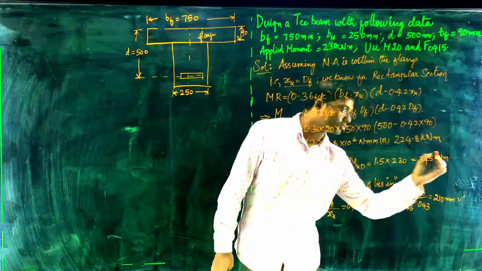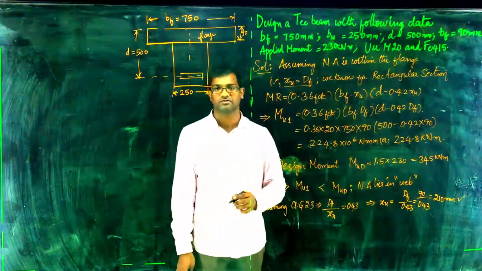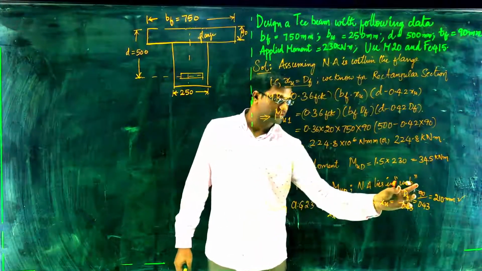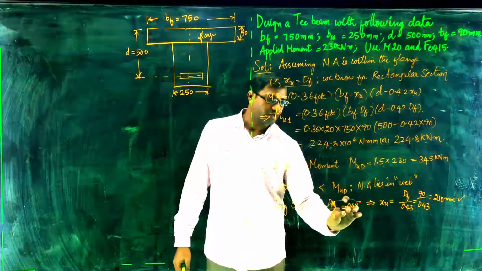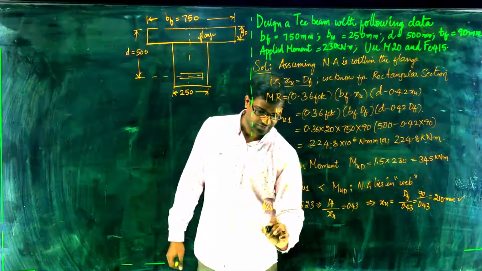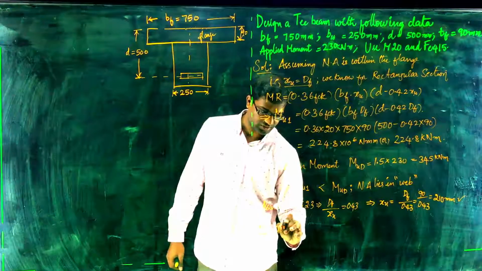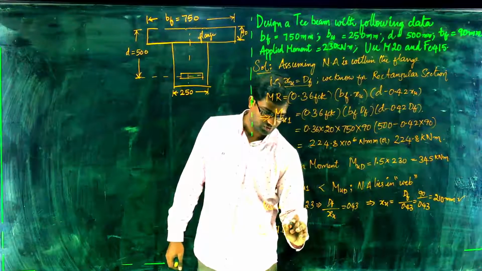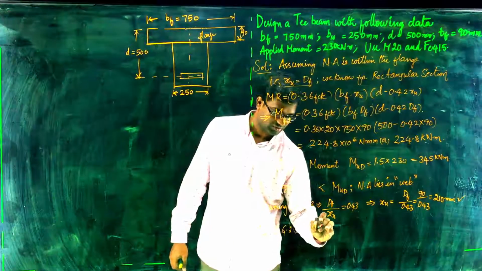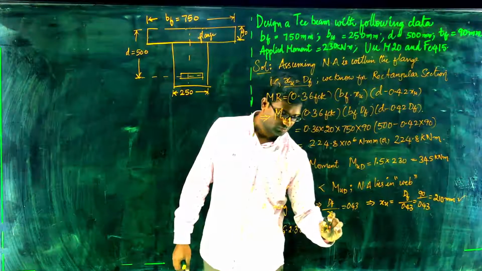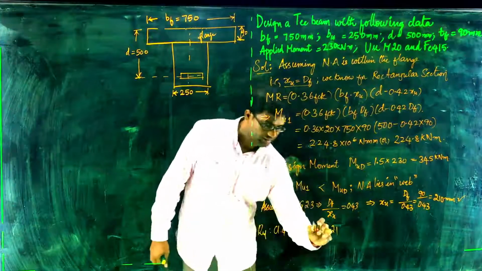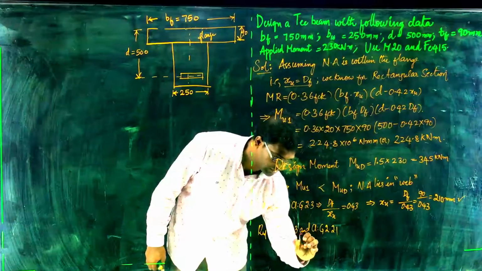Now you have got the new neutral axis from the equation. When Xu is within the web and when Df by Xu is 0.43, referring to clause number G2.3 and clause number G2.2.1, you can calculate the ultimate moment.